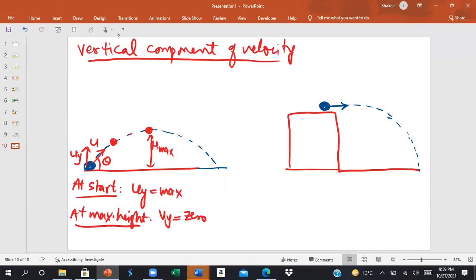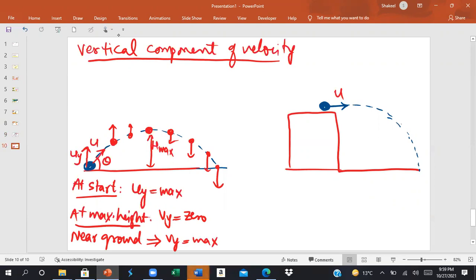Then it switches its direction once it crosses the highest point and its value keeps on increasing. So near the ground, the vertical component is always maximum. In the second situation, when you launch it from some height with a velocity u, the initial vertical component is 0 because it is moving horizontally.